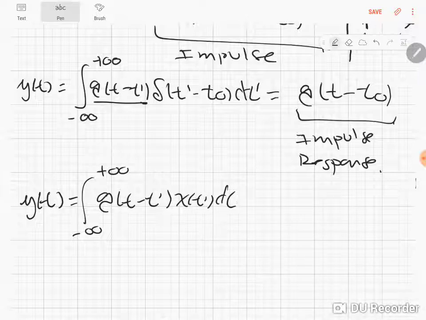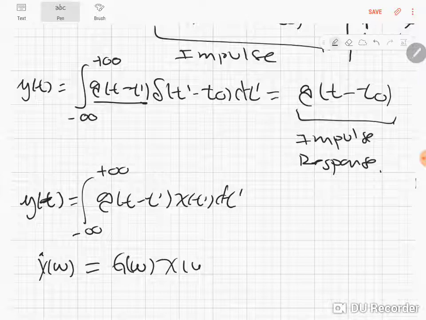When you Fourier transform y, you get in the Fourier domain y hat of omega, just to establish that the two functions are different in the time and omega domains, equal to g of omega times x of omega.